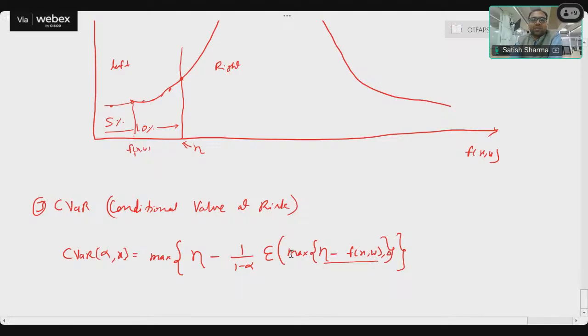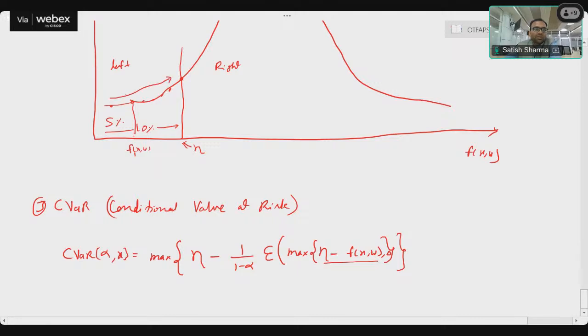So this expectation is divided by 1 upon alpha. So 1 minus alpha is like 10%. If alpha is 95% or 90% confidence, then either 5% or 10% will give you the 1 minus alpha. So this is nothing but the average value of these points.